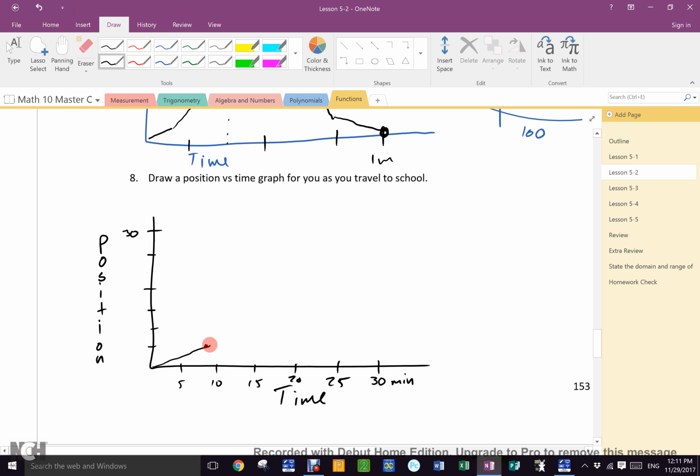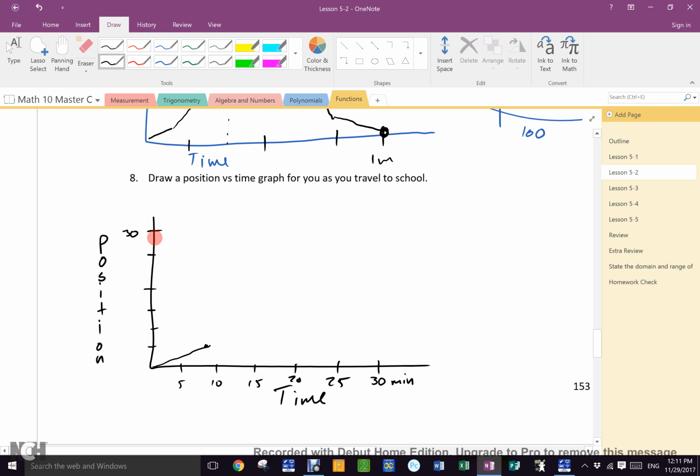What happens then, do you think? I hit the highway. And what happens? Does it go up or flat? Up. Because I'm covering a lot of distance in significantly less time. Does everybody understand that? So I come out on the highway right down there by UFV, which is 2 kilometers away from here.